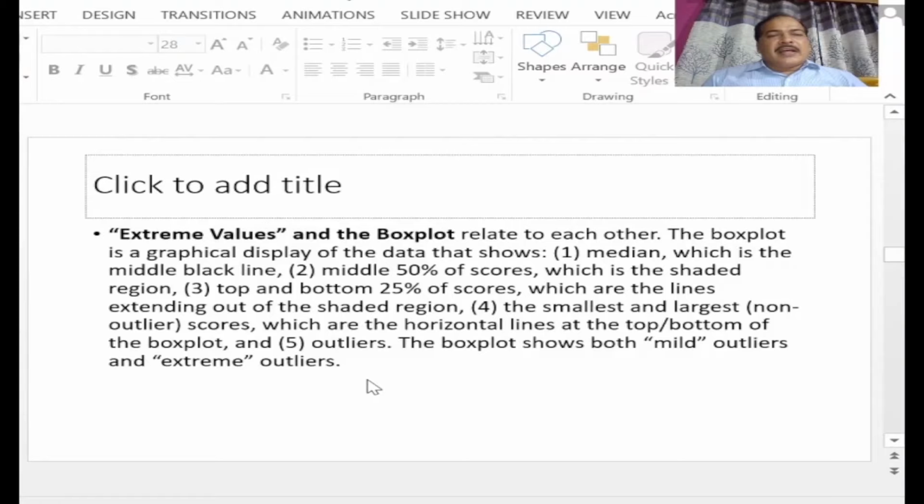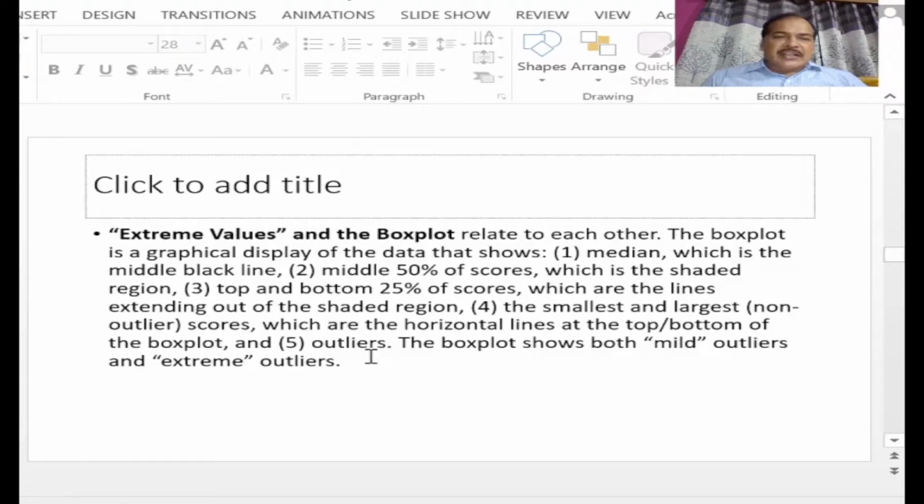Okay, then the extreme values and the box plot relate to each other. The box plot is a type of graphical display of the data which shows, first, the median, which is the middle black line. Number two is the middle 50% of the scores, which is the region that has been shaded.